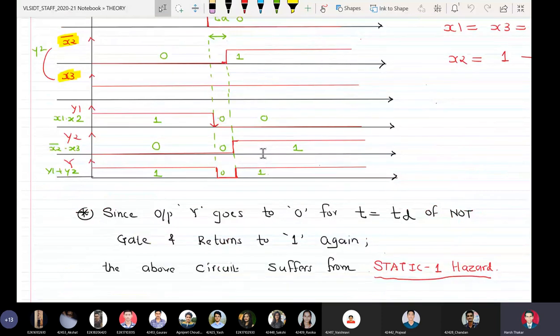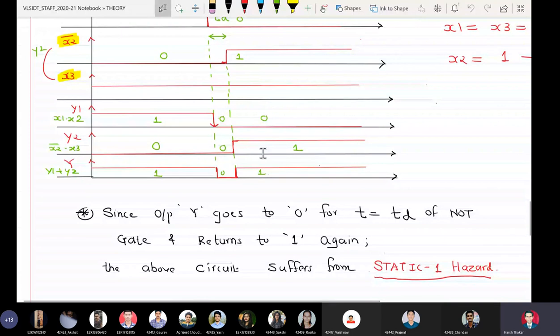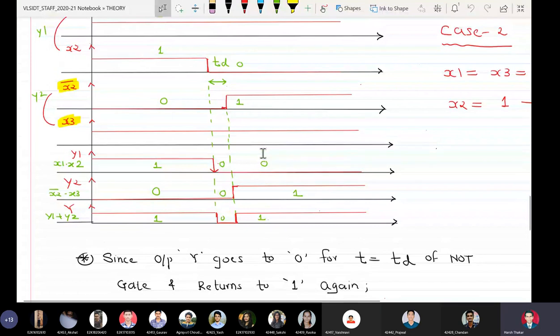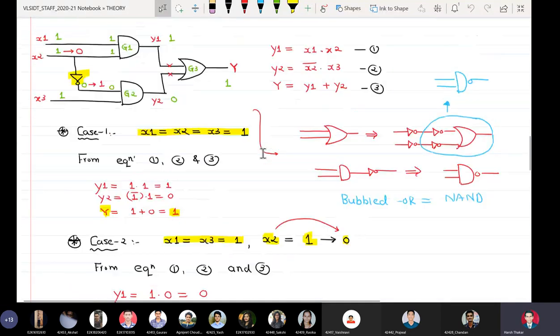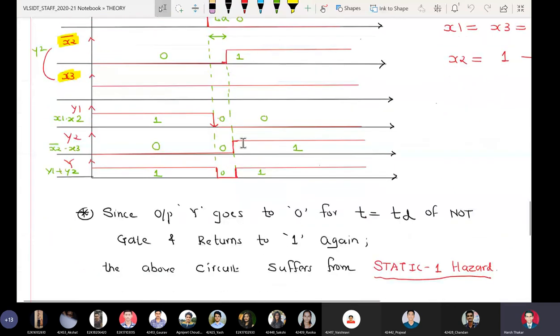We see here in the last waveform y1 ORed with y2, that for a short period of time the output, which should continuously remain 1, becomes 0 and returns back. This output 0 is because the NOT gate has a propagation delay. Because of the propagation delay offered by the NOT gate to convert 0 to 1, during that propagation delay time TD, which I have indicated, the output goes to 0. This is called a static 1 hazard.